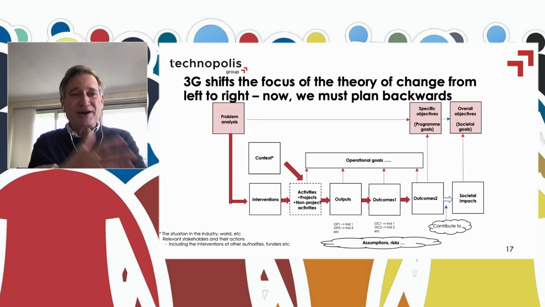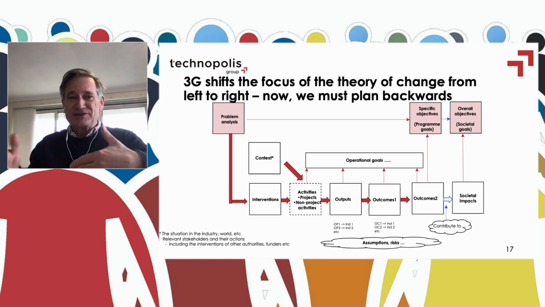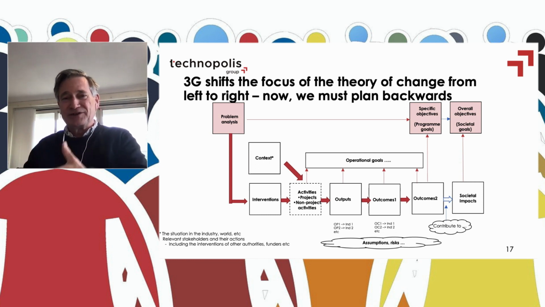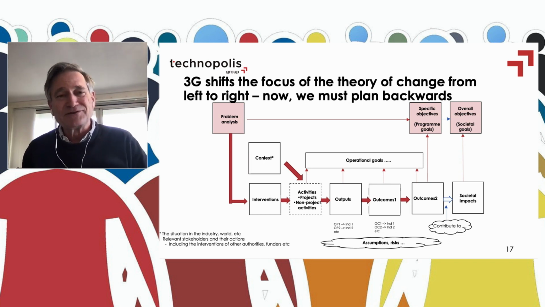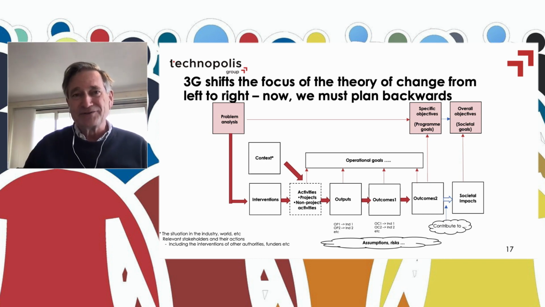Those projects make outputs. And then there's a chain of effects through various kinds of outcomes. And eventually, we hope, the creation of societal impacts. And the economic perspective on this is that society's paying money at the beginning of the process to try and solve societal problems, and it gets its payback through the solution of those problems.